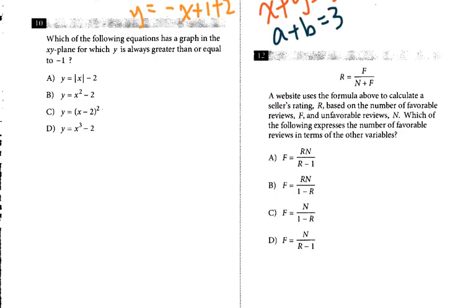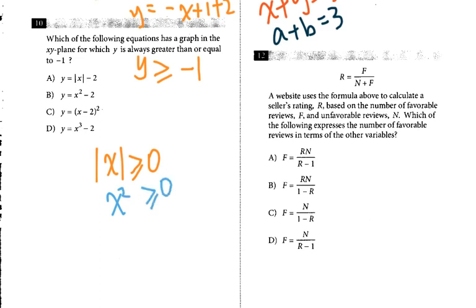So for number 10, we're looking for the solution y greater than or equal to -1. We know that an absolute value is always greater than or equal to 0, and x squared is always greater than or equal to 0, or x to the nth power, let me write it that way, is greater than or equal to 0.